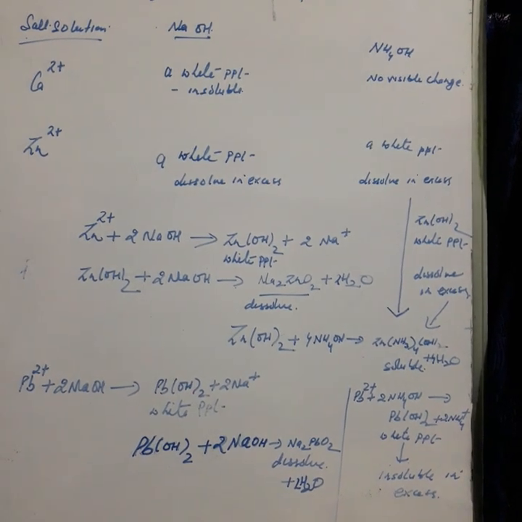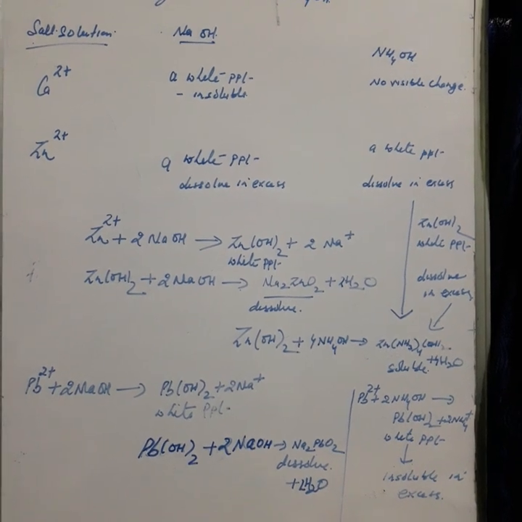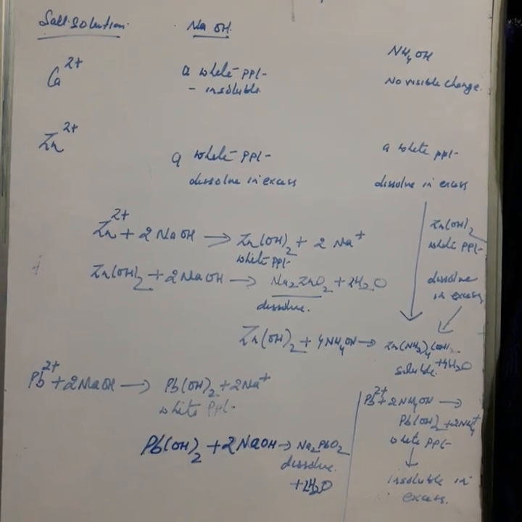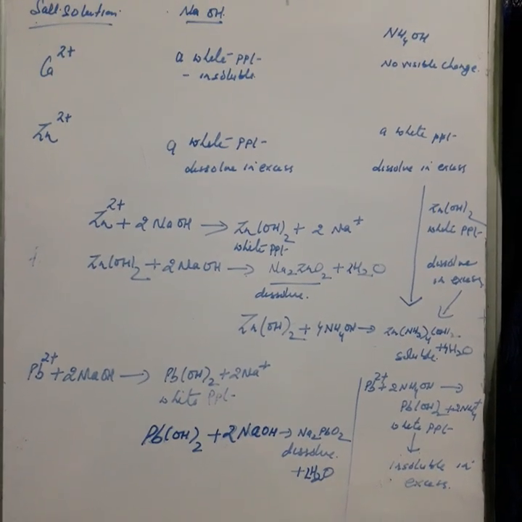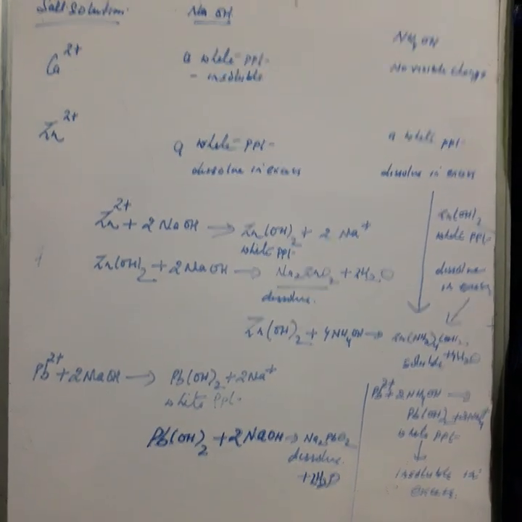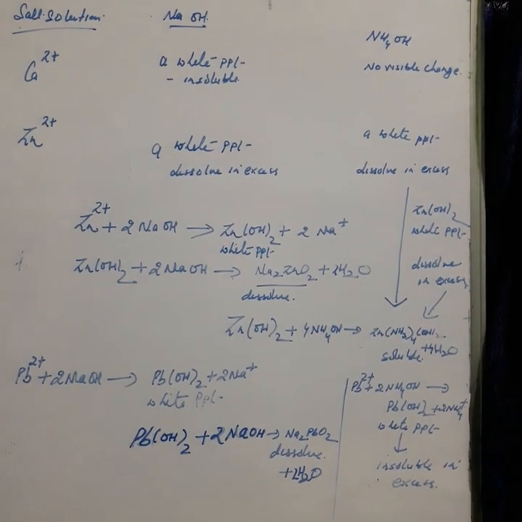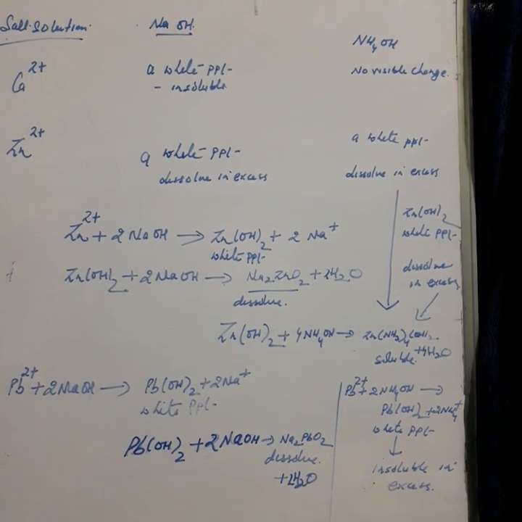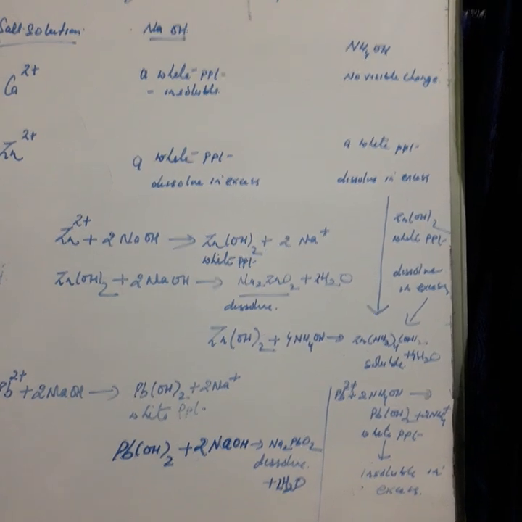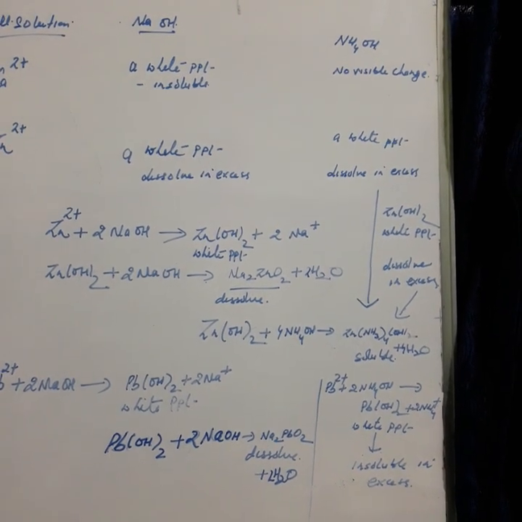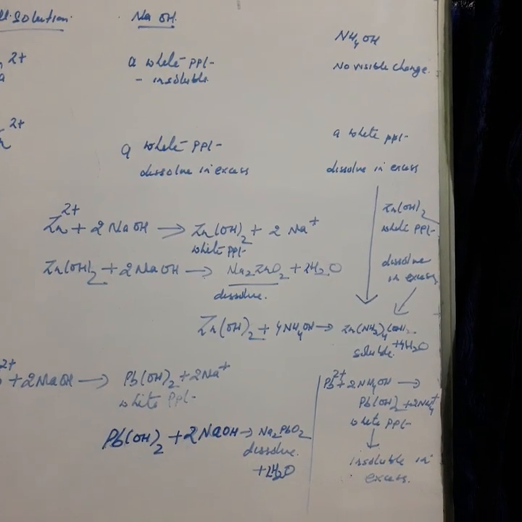But if it is asked to distinguish between zinc and lead, you cannot use sodium hydroxide, because in sodium hydroxide both are amphoteric, both are soluble. So which reagent will we use to distinguish between zinc and lead? Ammonium hydroxide only. Zinc hydroxide will dissolve in excess amount of ammonium hydroxide. Lead hydroxide will remain insoluble.